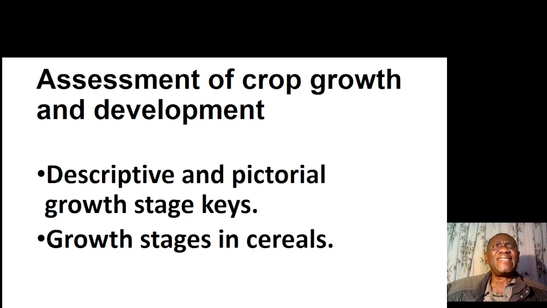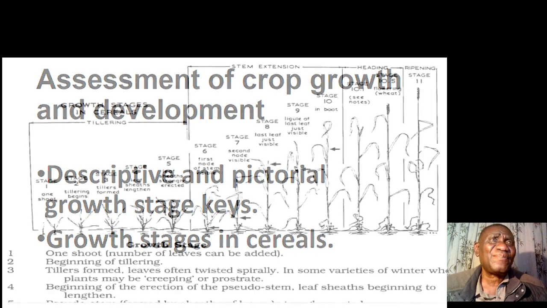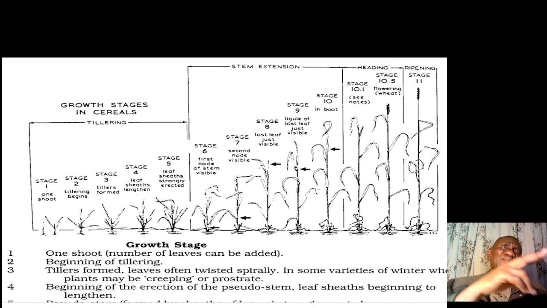We can assess the crop growth and development. There are descriptive and pictorial growth stages, growth keys. For example, in cereals, we can have those growth stages. So we should be able to say at this stage, is this plant affected? How much is it? To what extent is it affected?